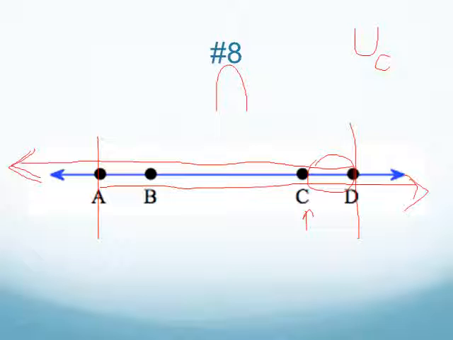Option A would only cover to this point here, which isn't long enough. That would exclude this little segment between C and D. So the answer is D, the line segment AD, starting at the point A and covering everything to the point D. That's the only place where it overlaps.